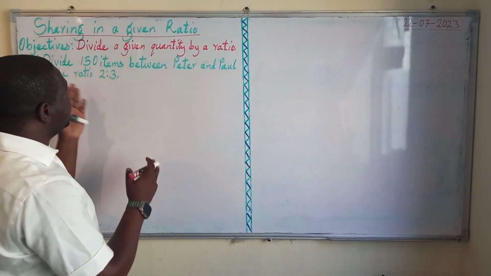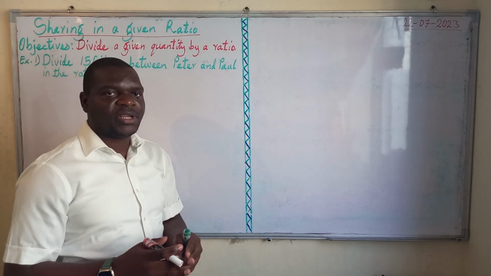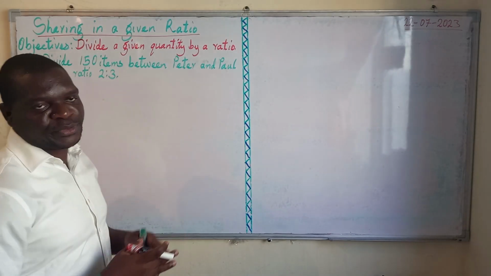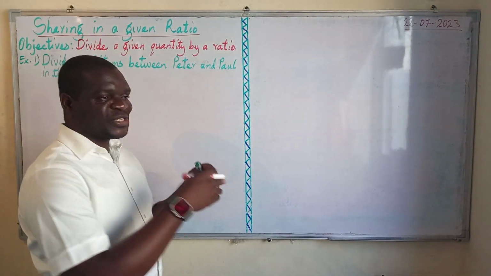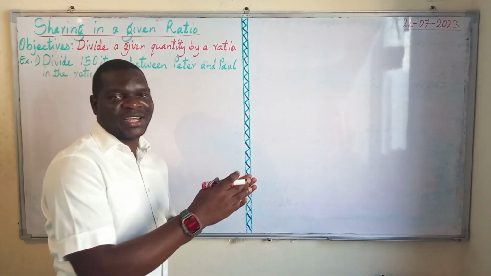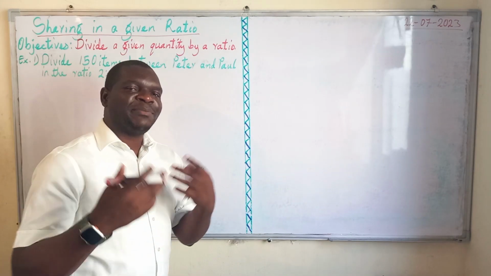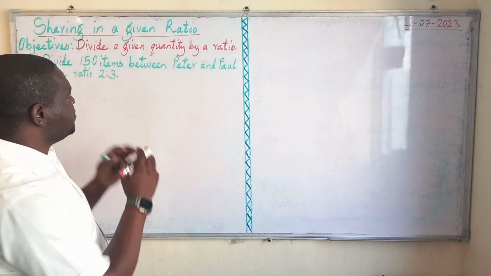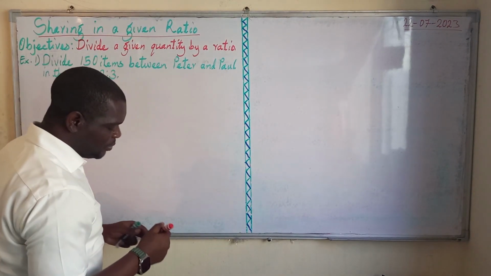To be able to divide 150 items between Peter and Paul in this ratio 2:3, we can do that in two different ways. Pay attention as we start with the first method and of course the second one, and you can choose which one you can better apply. The first method is, first of all, we identify the quantity to be shared.